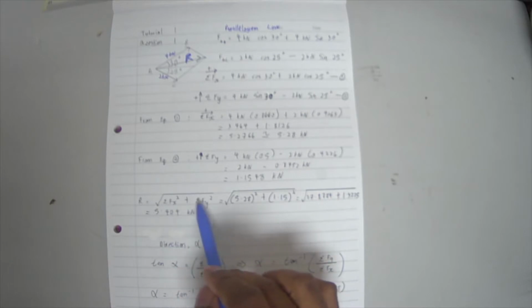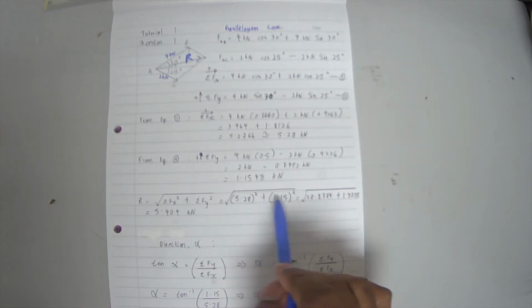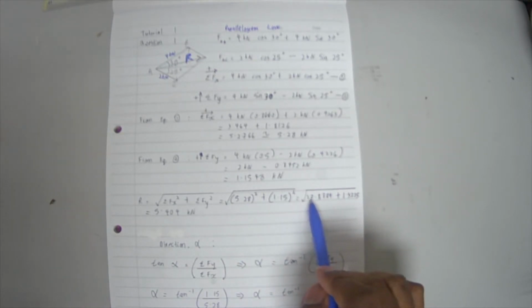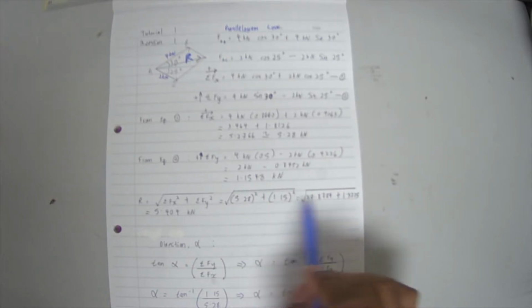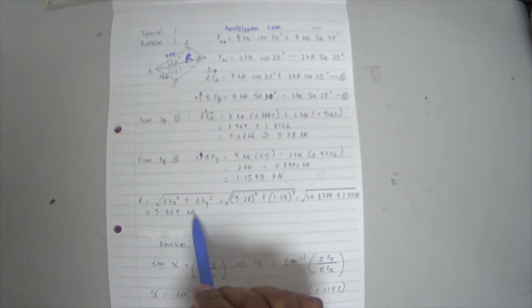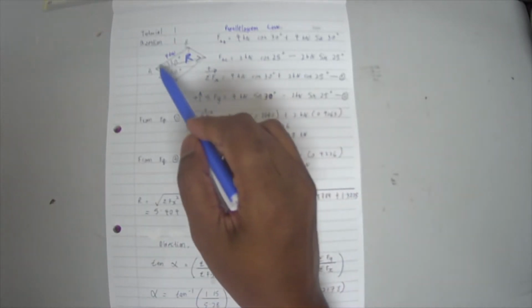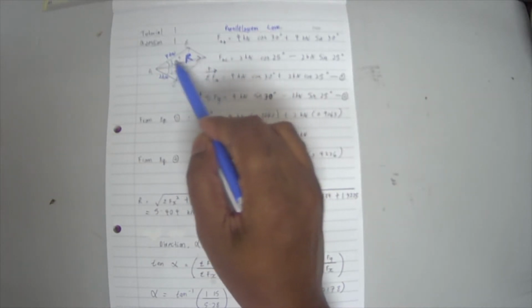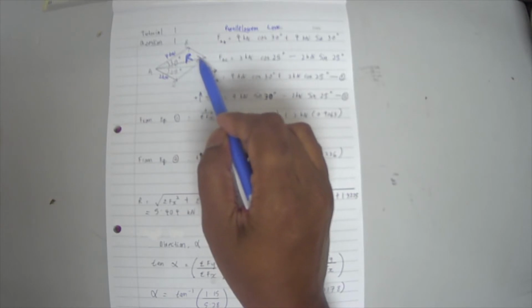We square the values and take the square root overall: 27.8784 for this value and 1.3325 for this value, giving 5.0404 kilonewton as the resultant value. Here we assumed the resultant along this part when we drew the parallelogram.